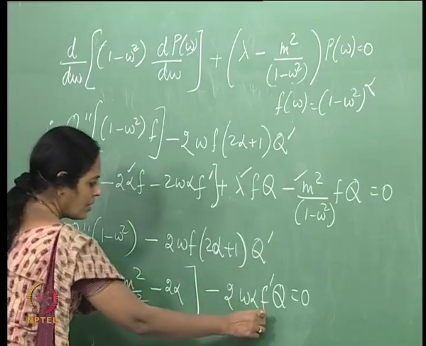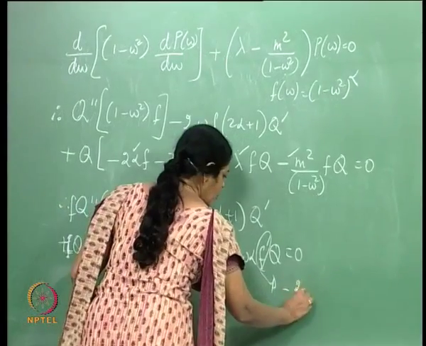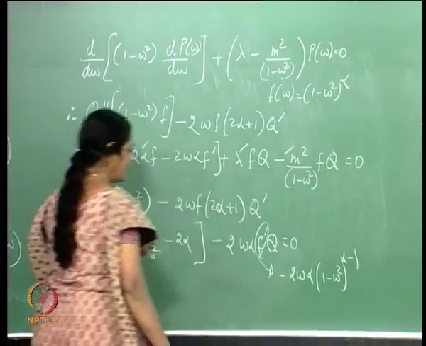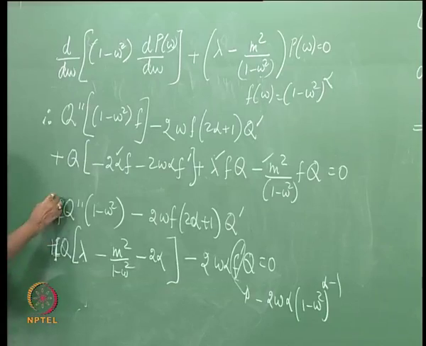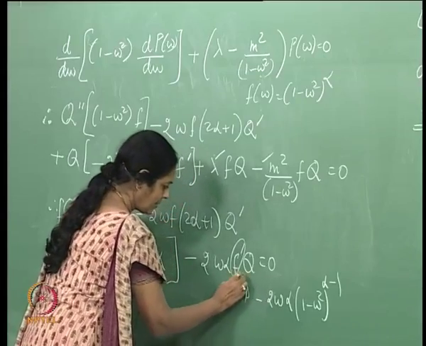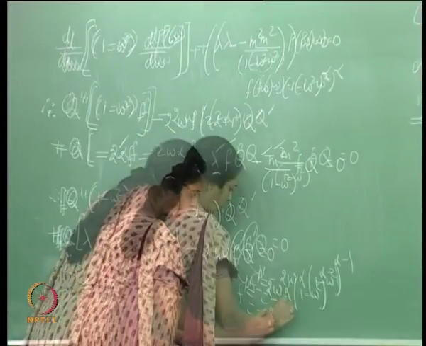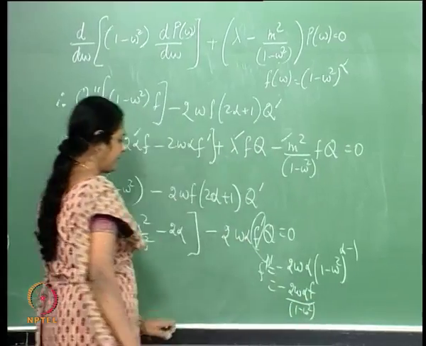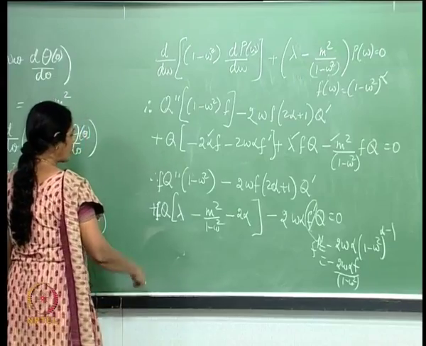But you see, once I substitute for f prime as −2wα (1 − w²)^(α−1), I can rewrite this equation cancelling f on all sides. This object f prime, which is this, can also be written as −2wα f by (1 − w²). And therefore, the equation takes on a very nice form.